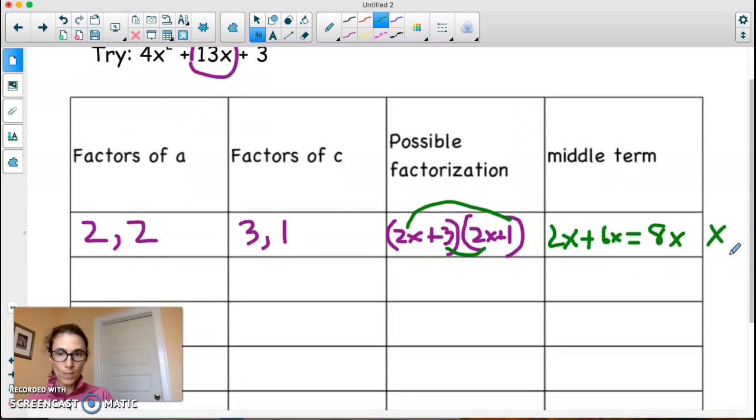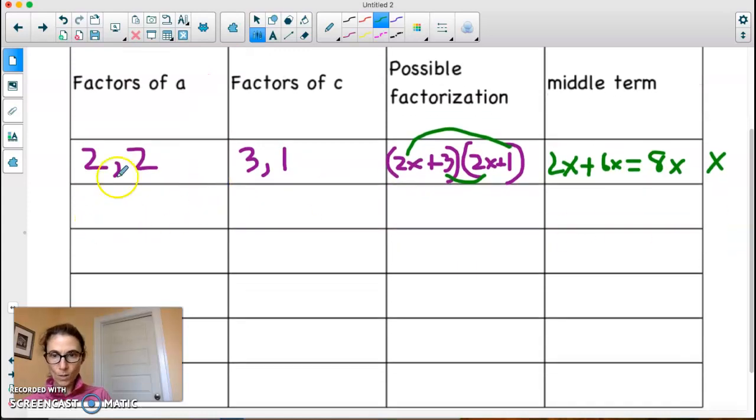The next thing that we can try are factors of A that are 4 and 1. And we're going to stick with our factors of C, 3 and 1. We might have to put these in a different order.